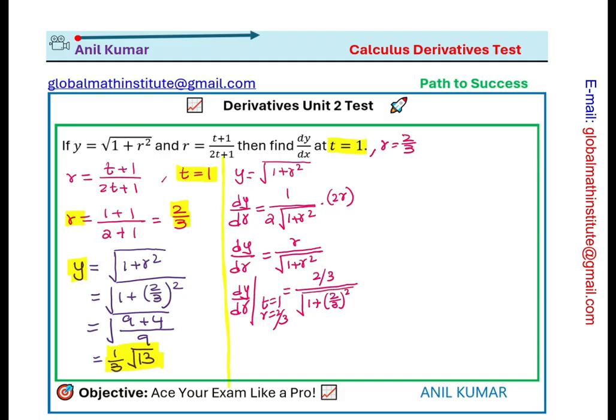Just as we did earlier, the square root, as you can see right here, is 1/3 of the square root of 13. So we can write this as 2 by 3 over (1/3 of the square root of 13). The square root of 13 will be here and 3 will be there, so this 3 and 3 cancel. You get 2 over the square root of 13.